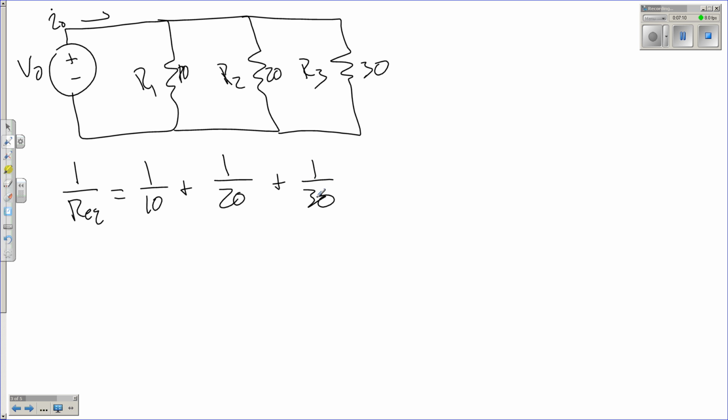And do it on your calculator. Don't forget that this is this. So what you actually need to put in your calculator to get REQ is that. I can move that over here just to make it easier for us.